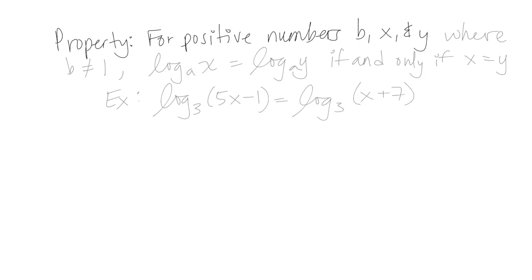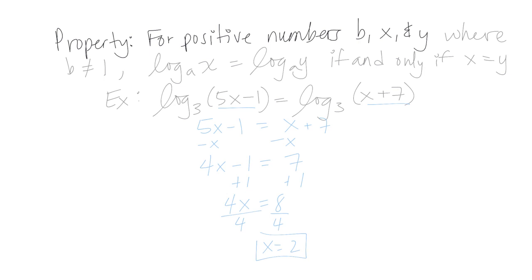Because these are the same base, we know from this property that 5x minus 1 must equal x plus 7 for these two things to be equal. So you just set what you're taking the logs of equal to each other and solve. So I would subtract x from both sides. I would get 4x minus 1 equals 7. Add 1, 4x equals 8. And then divide by 4, and x equals 2.